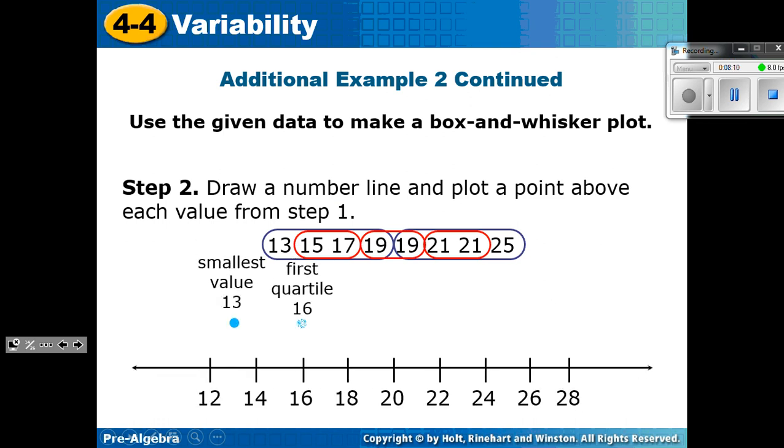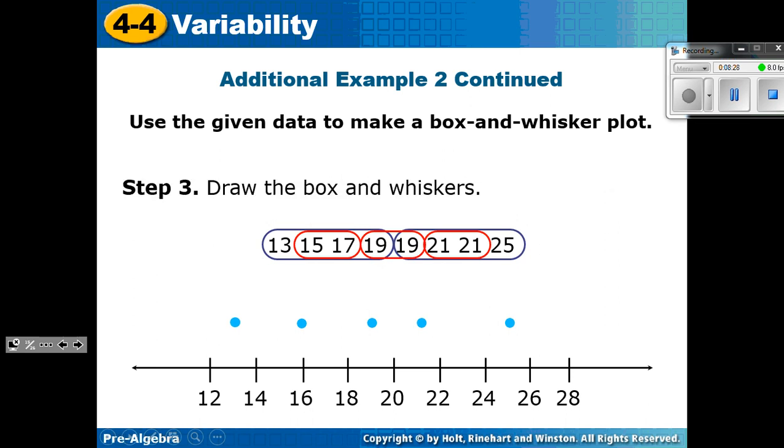There's your number line. Notice with our values going from 13 to 25 that our number line goes from 12 to 28. That makes sense. We put a dot for each one of those 5 values. And then we draw our box and our whiskers, and that's all there is to it.